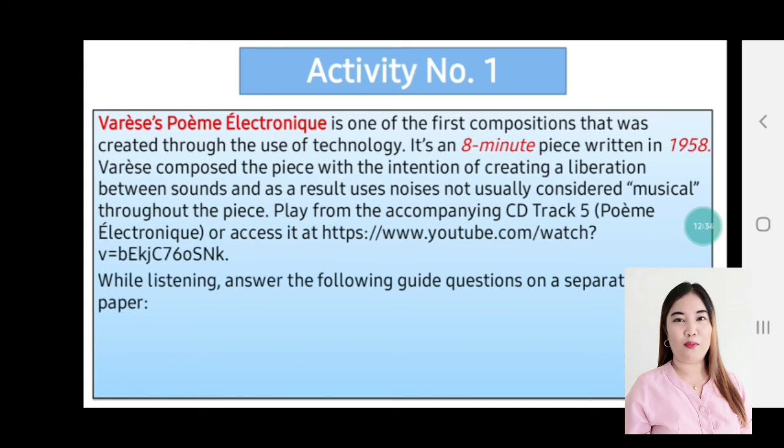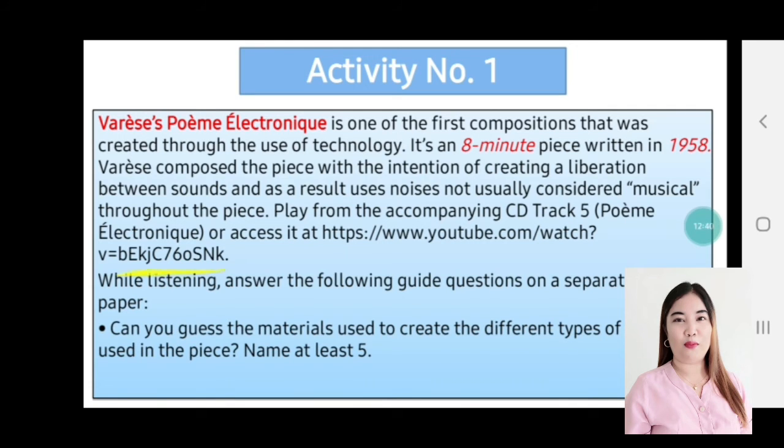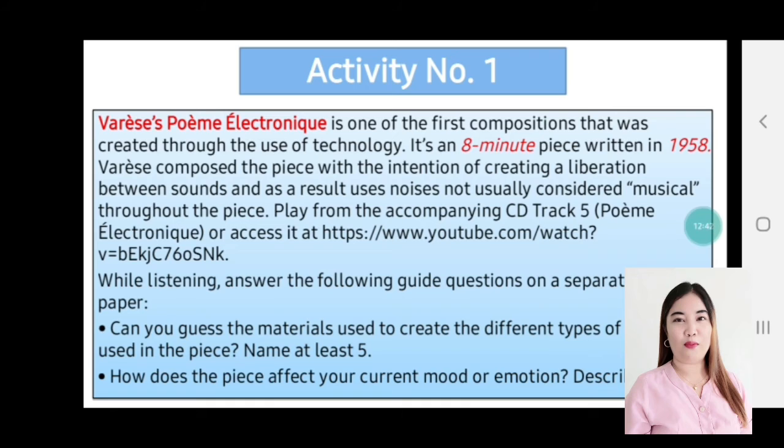Then after listening, you are going to answer 2 questions. First is, can you guess the materials used to create the different types of noise used in the piece? Name at least 5. Next question, how does the piece affect your current mood or emotion? Describe.